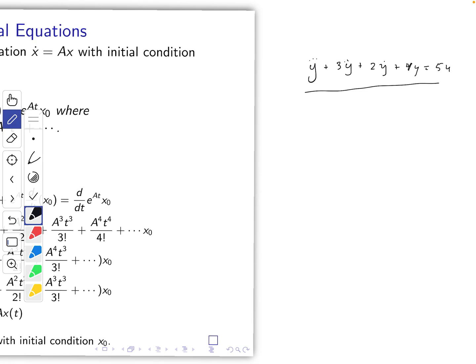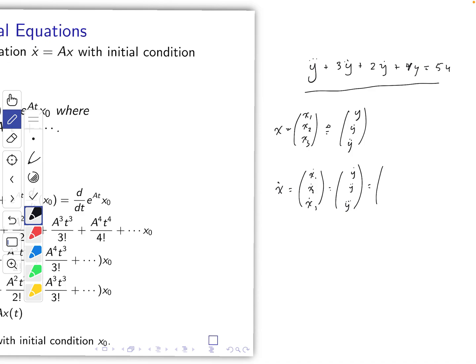Let x be x1, x2, x3, where x1 is y, x2 is y dot, and x3 is y double dot. When I take the derivative, x dot, I get x1 dot, x2 dot, x3 dot, which is equal to y dot, y double dot, y triple dot.